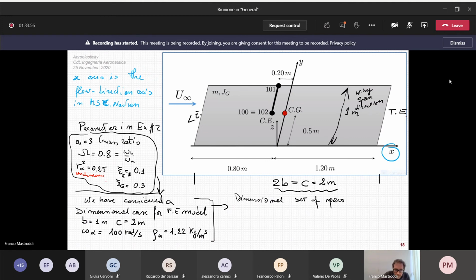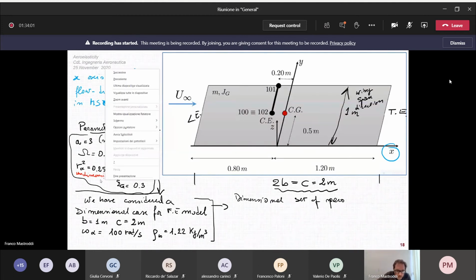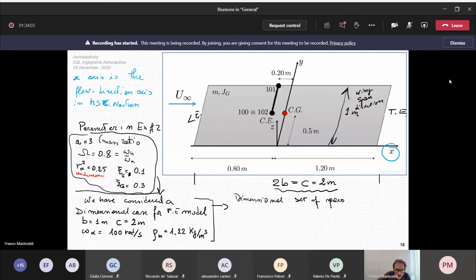But by using Nastran, or any kind of commercial code, in a dimensional way, we have to choose one representative of this class, and the representative we are considering is exactly the one having these 1, 2, 3 parameters established. Okay, all the other dimensional parameters are then evaluated.